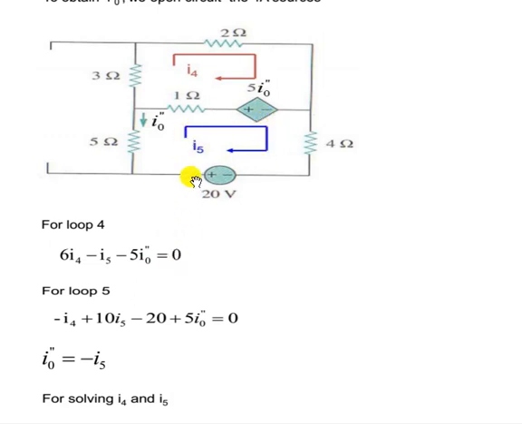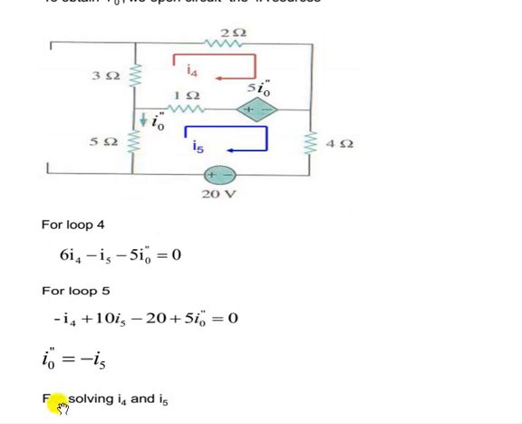For loop 5, that is minus I4 for this 1 ohm resistance, 10 I5, and in this direction we encounter positive here and negative here, so plus 5 I0 double prime and minus 20 volt. And I0 double prime is nothing but minus of I5.